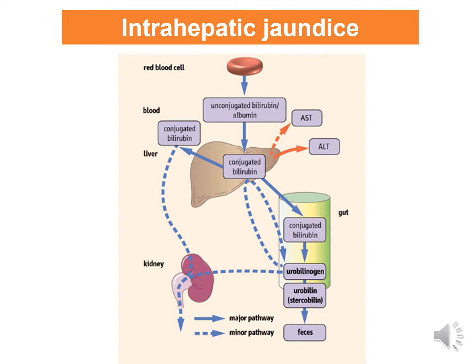Urobilinogen is increased in the urine because hepatic damage decreases the enterohepatic circulation of this compound, allowing more to enter the blood, from which it is filtered into the urine. The urine consequently darkens, whereas stools may be a pale clay color. Plasma levels of alanine and aspartate transaminases are elevated as well.